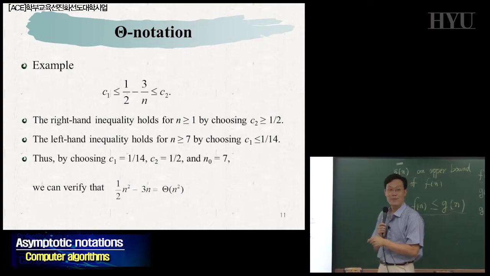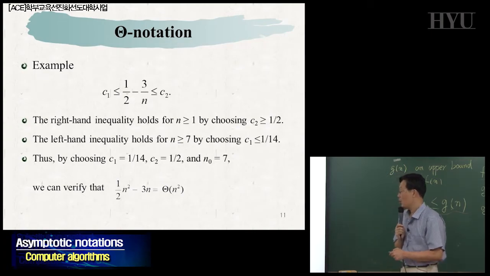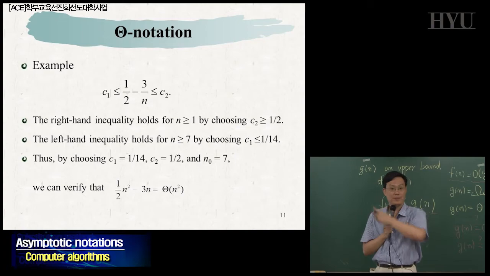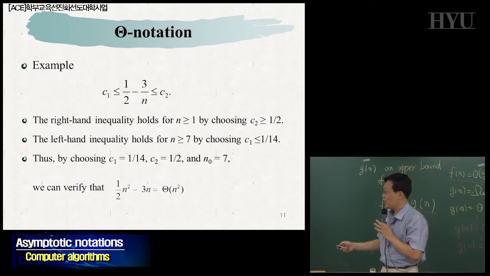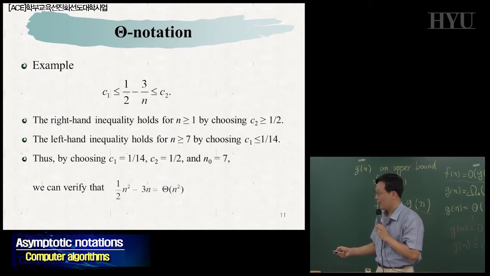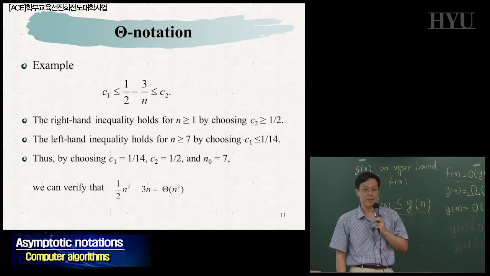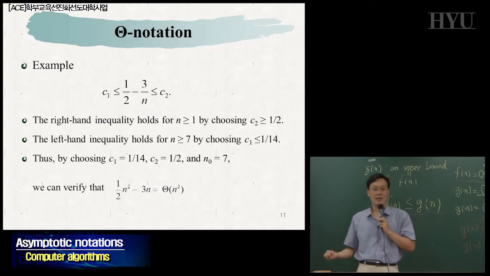When n is 7, it becomes positive for the first time. And its value is 1/14. So from then on, it's bigger than 1/14. So C1 is 1/14, C2 is 1/2, and N0 is 7. Then we can satisfy these two inequalities. Then it's done.